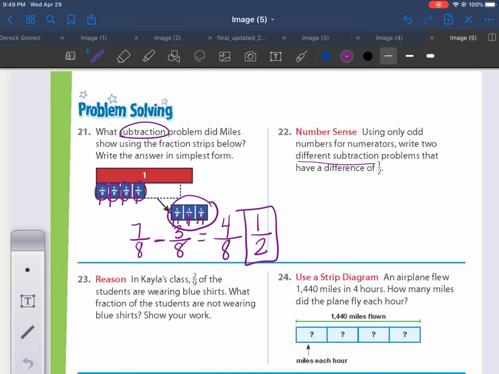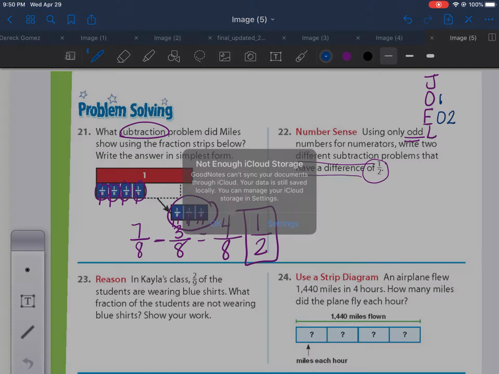So now we're going to go into number 22. Using only odd numbers for numerators, write two different subtraction problems that have a difference of half. So they want us to use only odd numbers. So when I do odd, I think of Joel. So remember, odd is going to be odd and even.